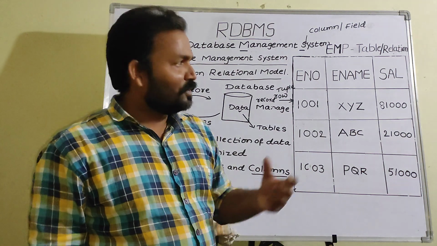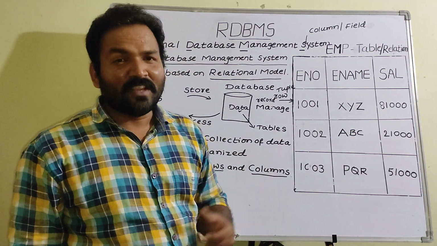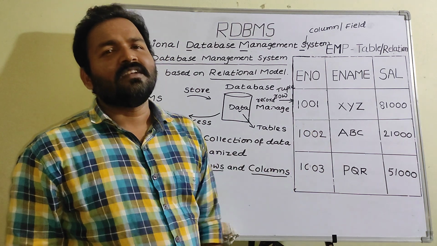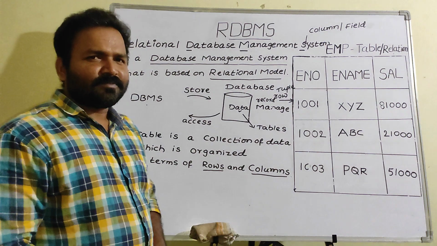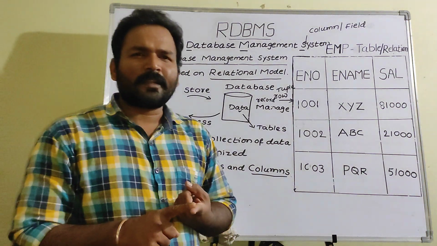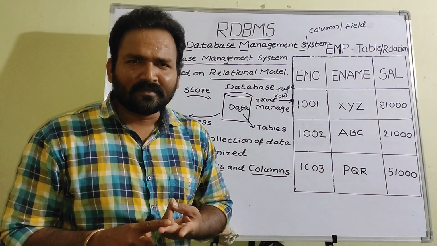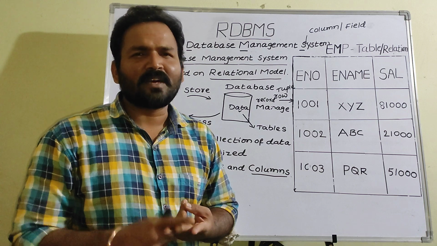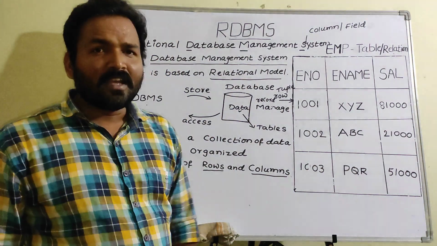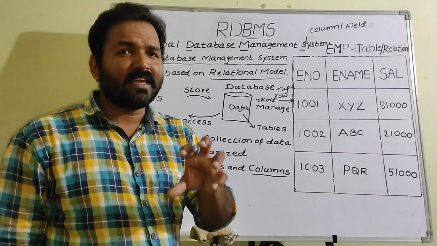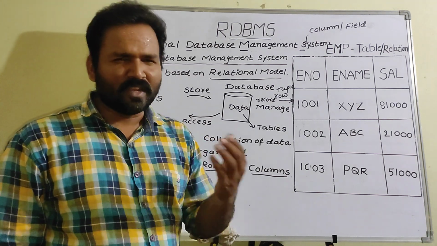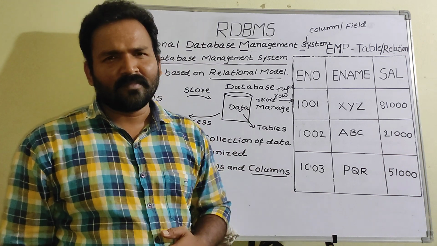Okay, so data independence will be there in this model. Okay, so examples: SQL Server, Oracle, all these are examples of relational model software.